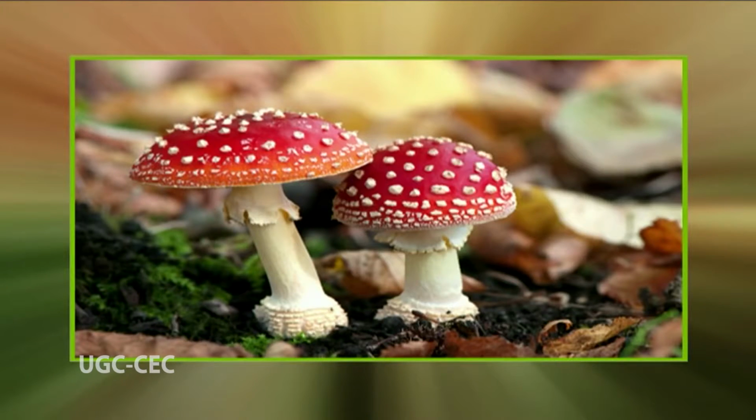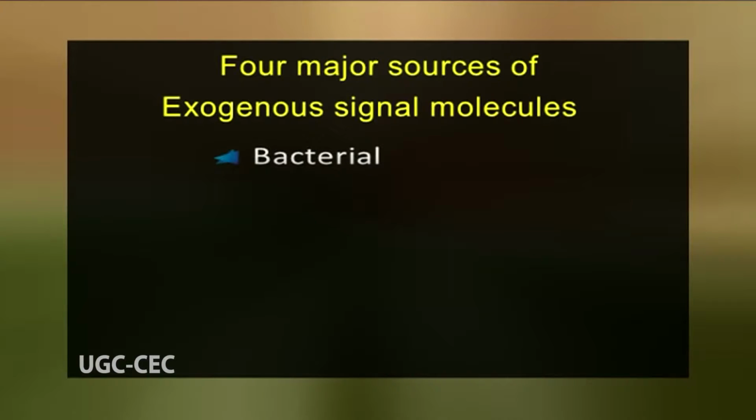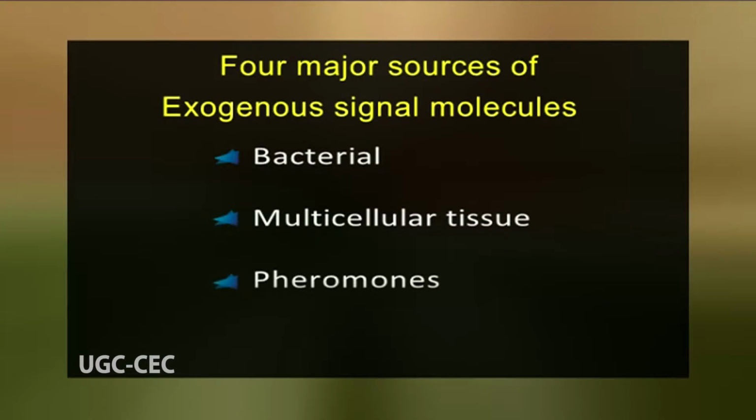Many receptors are named for the exogenous signals that were used to identify them. For example, nicotinic from tobacco, muscarinic from mushrooms, cannabinoid from cannabis. They all have endogenous counterparts. Exogenous signal molecules can be divided into 4 major sources: bacterial, multicellular tissue, pheromones, synthetic molecules.